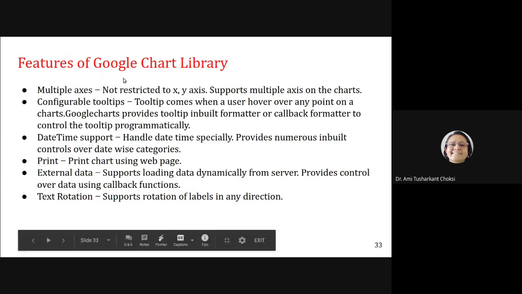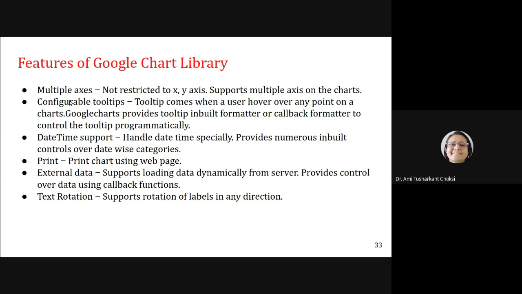We are learning the features of the Google Chart Library. So what else? Multiple axes: it is not restricted to X and Y axes and supports multiple axes on the charts. It has configurable tooltips. A tooltip comes when a user hovers over any point on the chart. Google Charts provides an inbuilt formatter or callback formatter to control the tooltip programmatically.